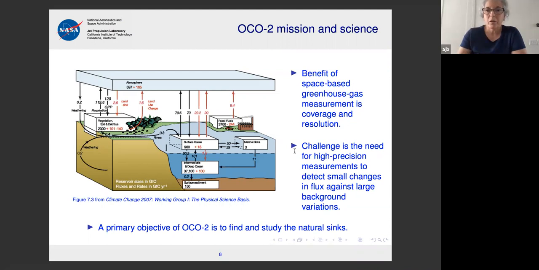The challenge here is to get high precision estimates of carbon dioxide concentration that result from small changes in flux with large natural background variations.